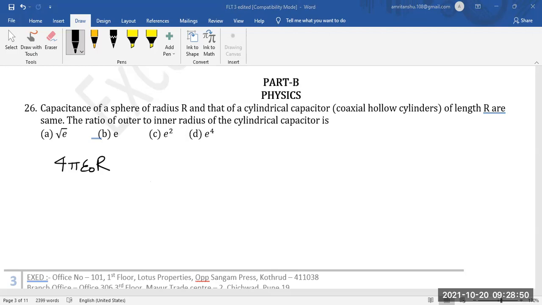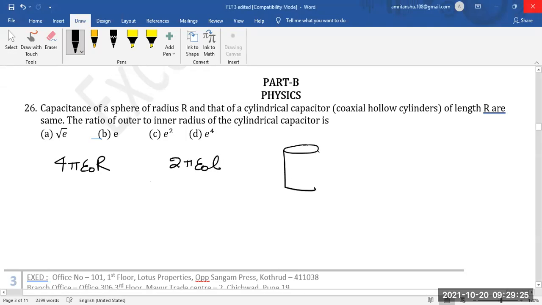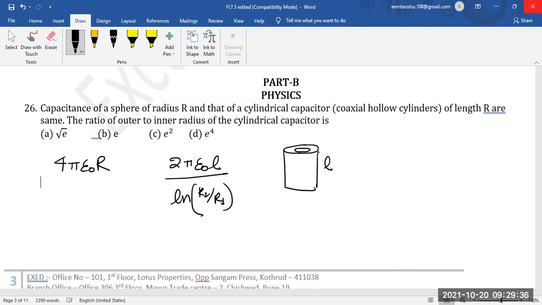Cylindrical capacitance is given as 2 pi epsilon naught L, where L is the length of the cylinder, divided by log of R2 by R1. R2 is the outer radius, R1 is the inner radius. See here, R2 is this, R1 is this.